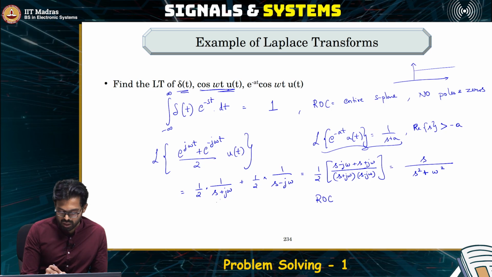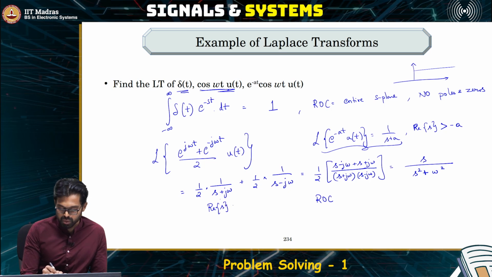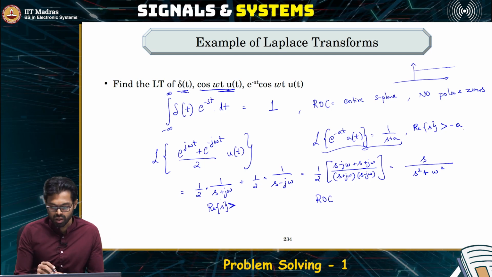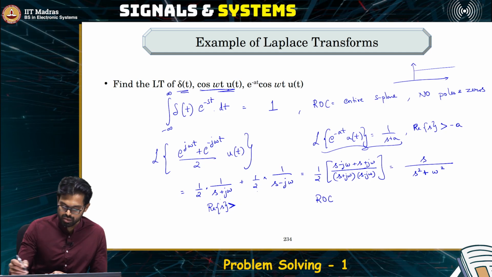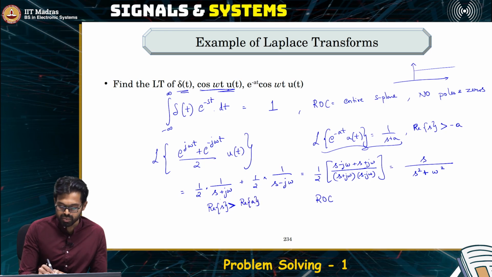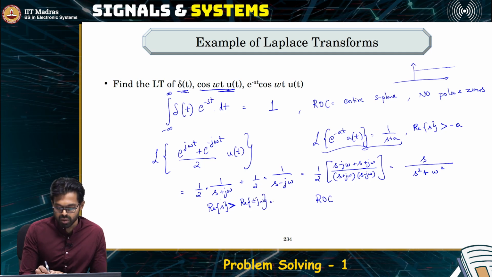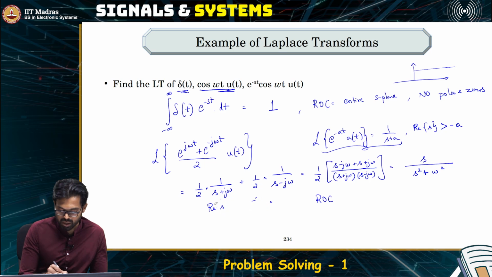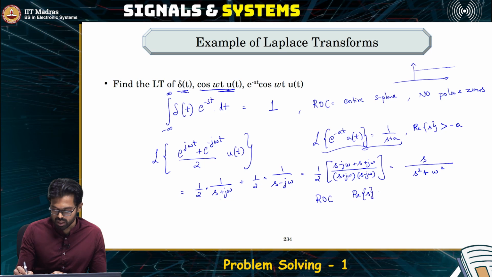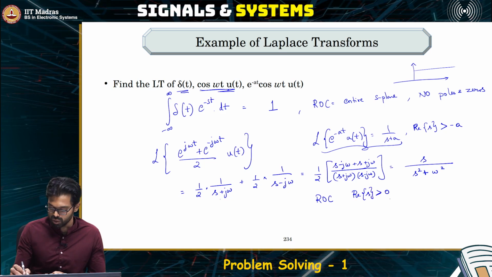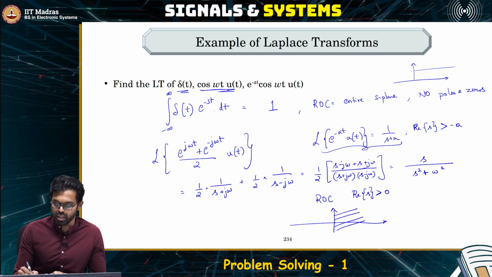For this part, the real part of s should be greater than minus a, where you have to consider the real part of a, and the real part of a here is plus or minus j omega, which is equal to 0. So the ROC here is real part of s greater than 0. So if you draw that, you just get the entire right half plane.